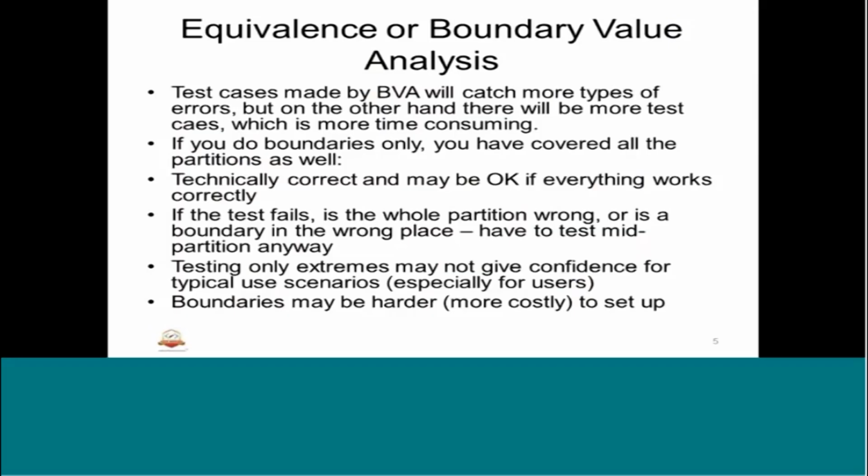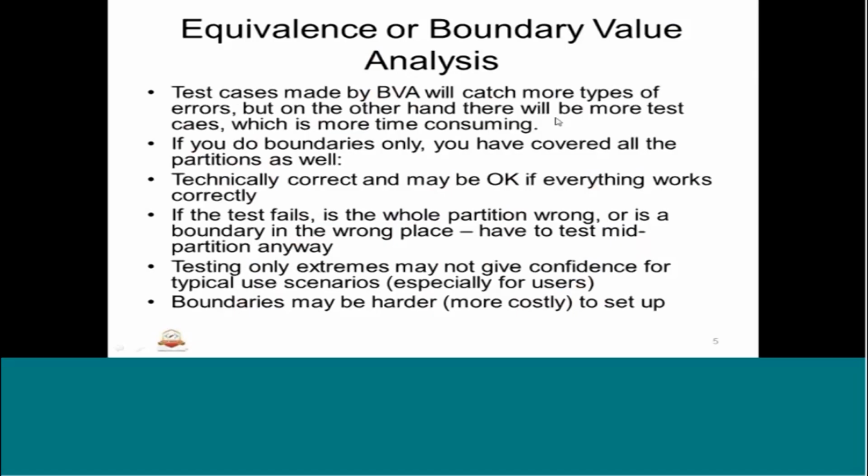The system should behave exactly, so it should be predictable basically. The chance of catching errors or issues at the boundary is more actually. That is why we need to have a boundary value analysis.